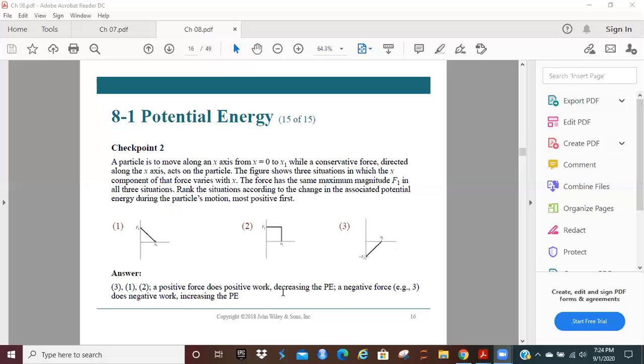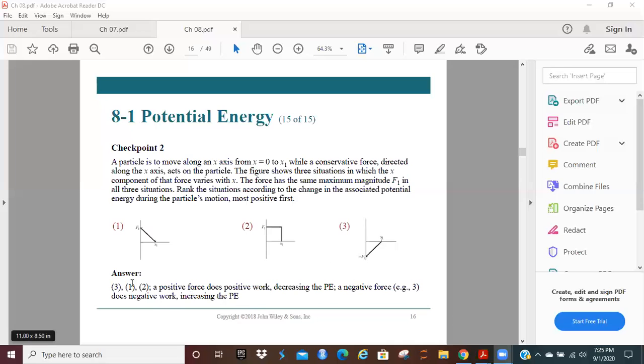Since the question is asking to rank the situations according to the change in the associated potential energy, then you're going to be looking at having number 3 be the first in line. Since it has a negative force, it's going to do negative work and it's going to increase the potential energy most positively first, because your force down here is negative.